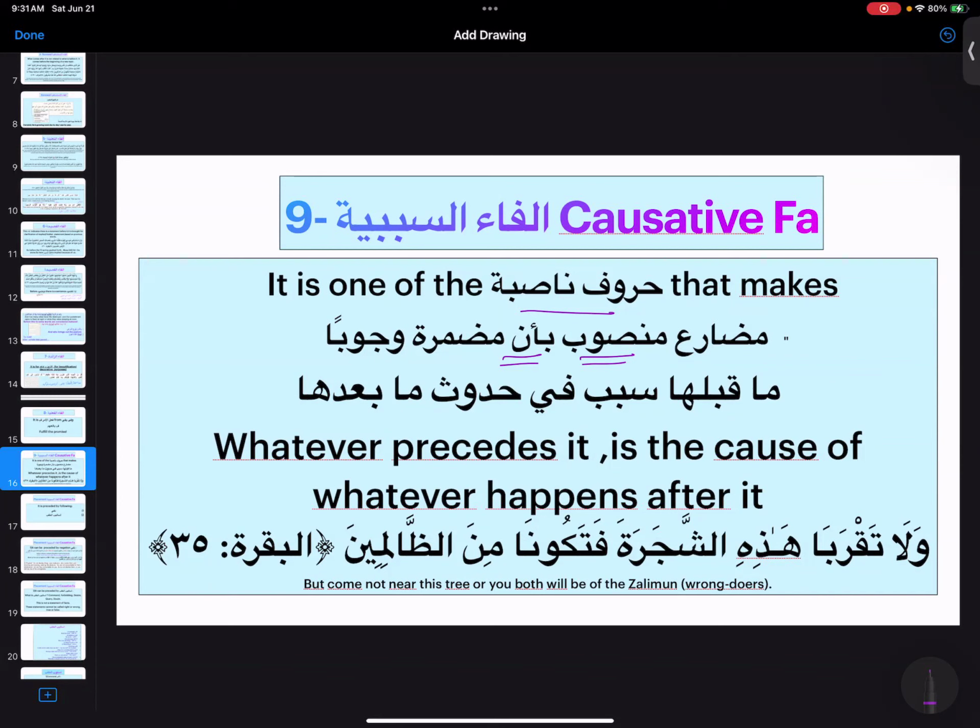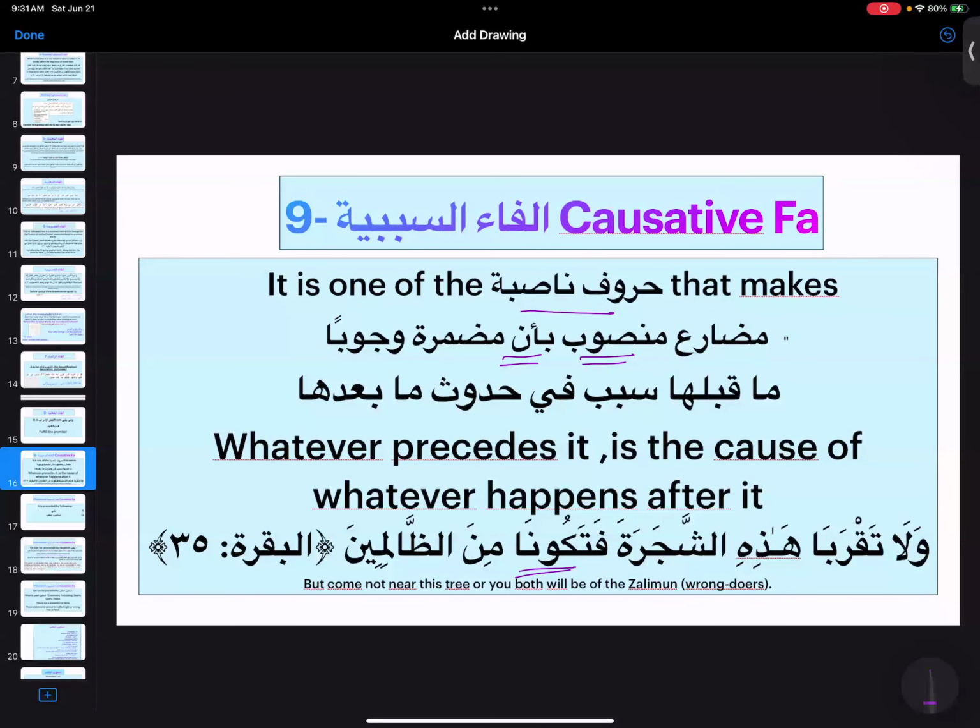So the first sentence will be the reason, right? What is happening in the second sentence? So this cannot be treated as like we do for ataf, like what happens there, it happens here also. No, but we will see that our fi'l mudari is mansoob.